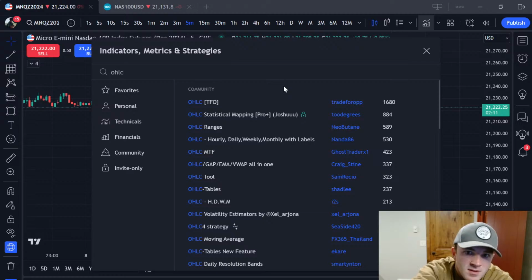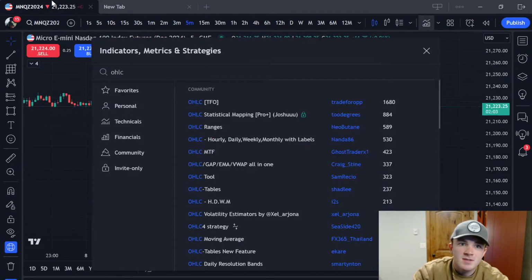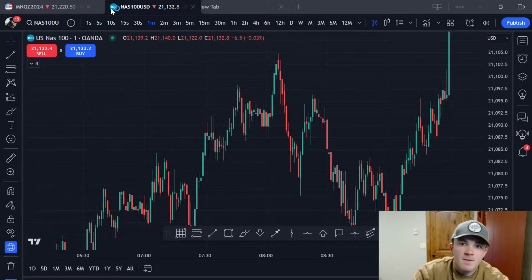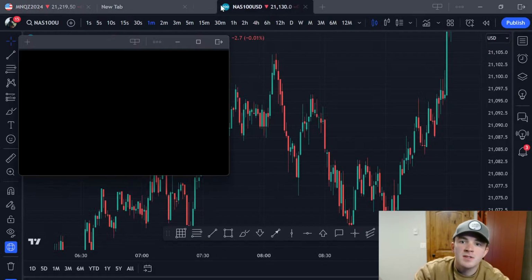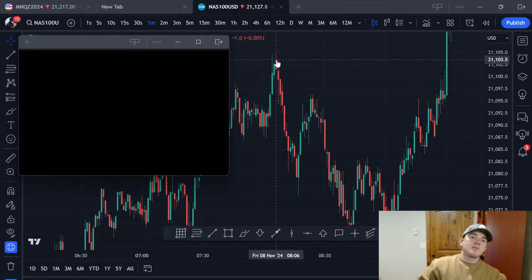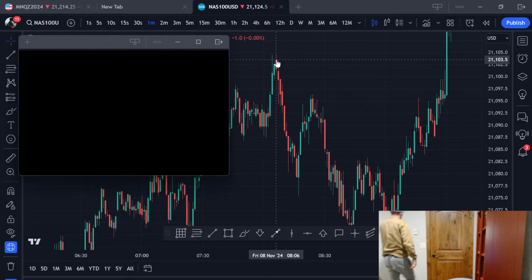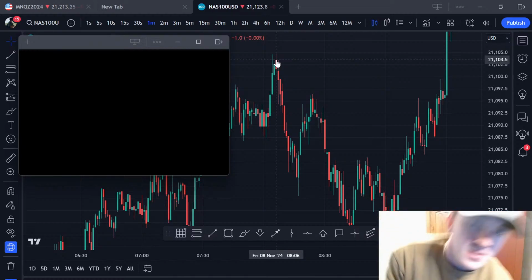Open low high close. Okay, come on. Work now. Oh. Are you serious? Why am I on NAS 100? Okay, I don't know what's going on. Turning this off. Why am I on NAS 100? I don't understand what's going on.